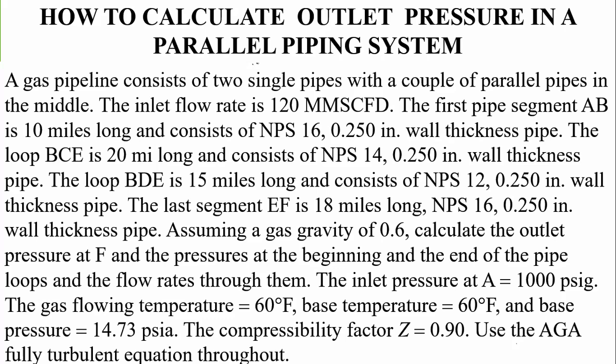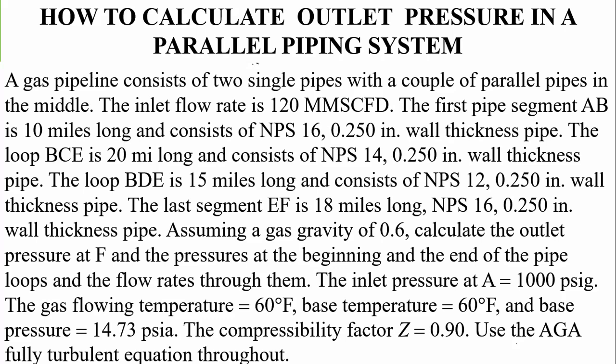The loop BDE is 15 miles long and consists of nominal pipe size of 12 inches, 0.250-inch wall thickness pipe. The last segment EF is 18 miles long, nominal pipe size of 16 inches, 0.250-inch wall thickness pipe. Assume a gas gravity of 0.6.